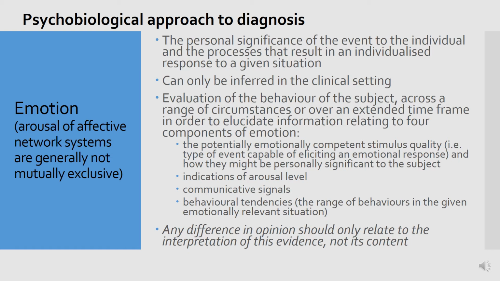So emotions signify the personal importance of an event and the processes that result from it. As a result of categorizing the world in a certain way, we put in train certain actions as a result.